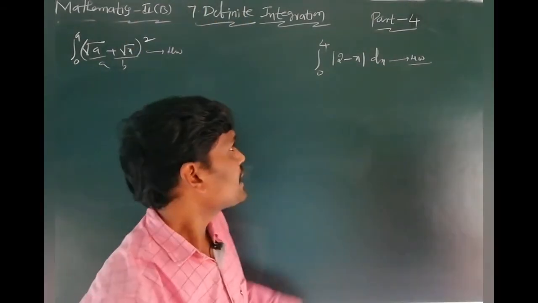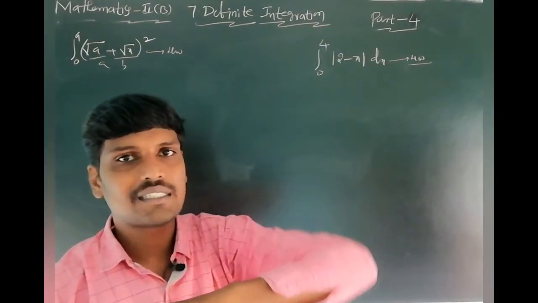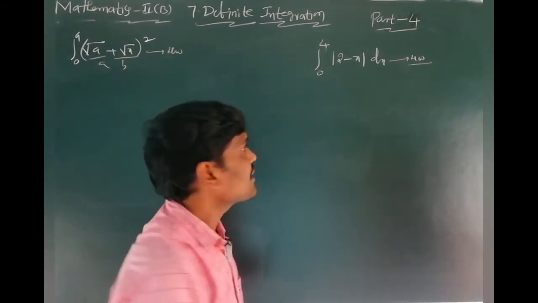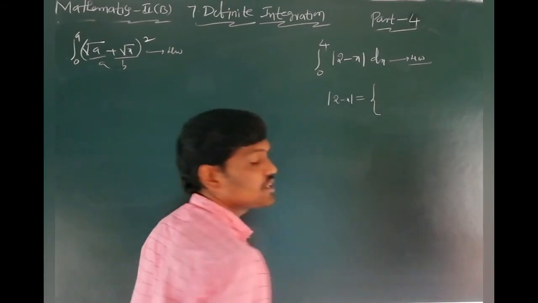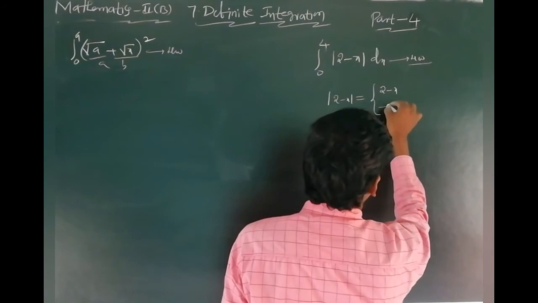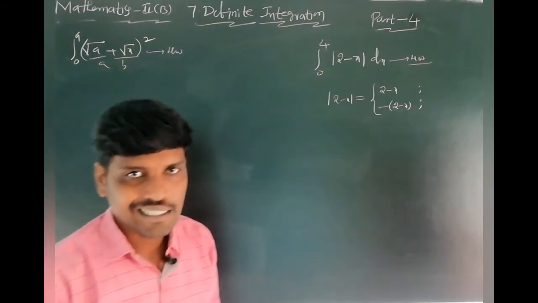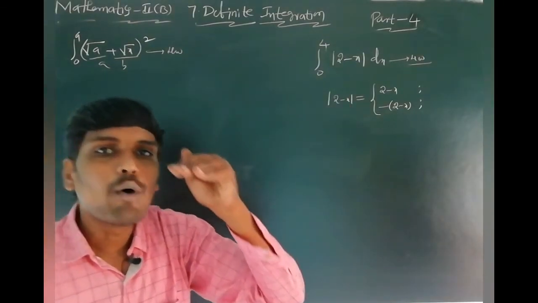Second problem: integral 0 to 4 modulus of 2 minus x dx. This model problem was already completed in previous problems. Here this modulus of 2 minus x you can write as two values. One is positive 2 minus x, another one is negative of 2 minus x. Positive 2 minus x applies when x value is less than 2.